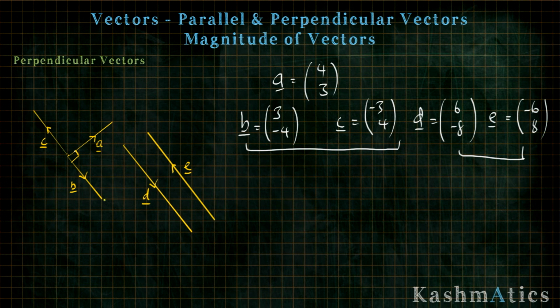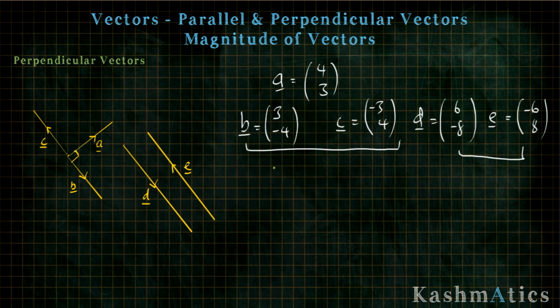They're still parallel to B and C, which means they are still perpendicular to A. So the easiest way to make a perpendicular vector is, first of all, flip the vector over, change the signs of one of the components, and then multiply it up if you want to, but you don't have to. If you want to recognize whether a vector is perpendicular and it is longer than the original, you'll have to see if it is a multiple of the basic perpendicular vector.